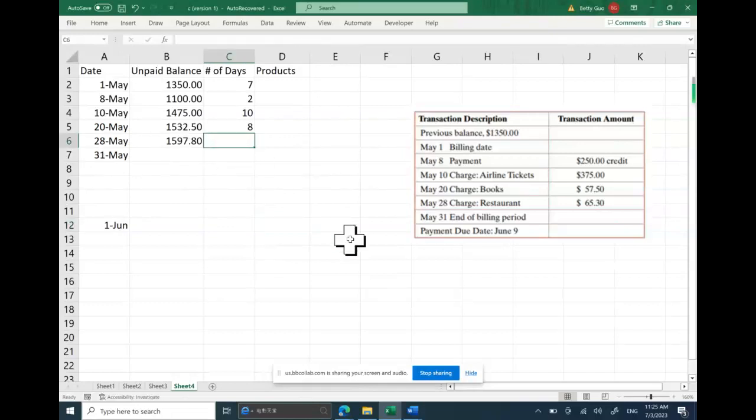And the last amount of balance, $1,597.80, stays on your credit card. Do not use the trick for the last one. Do not use 31 minus 28. If you do, you have 3 days, right? But no, the balance stays on your credit card for 4 days.